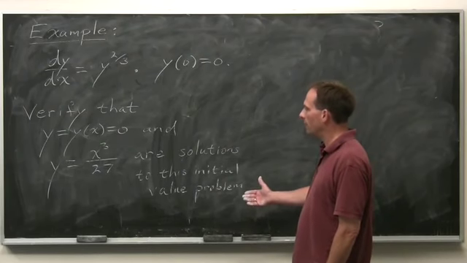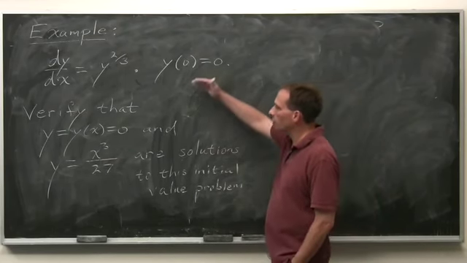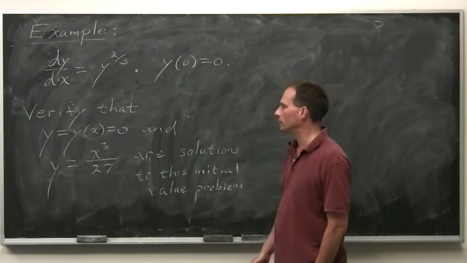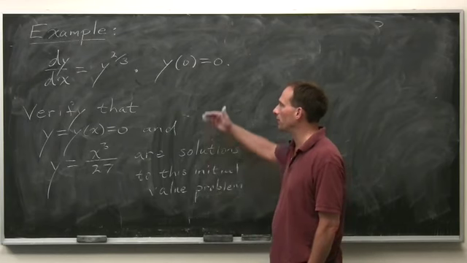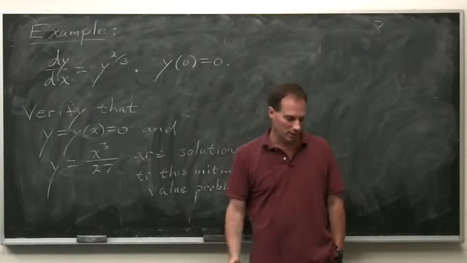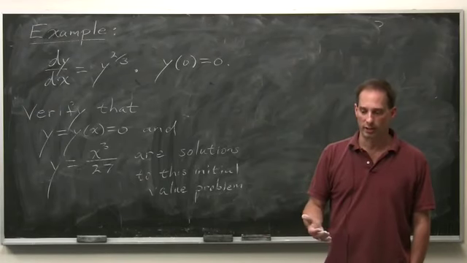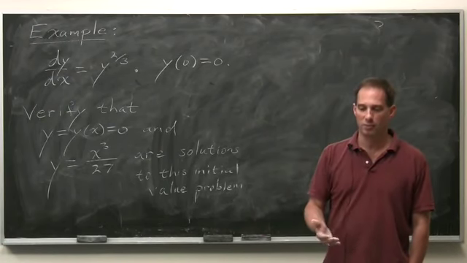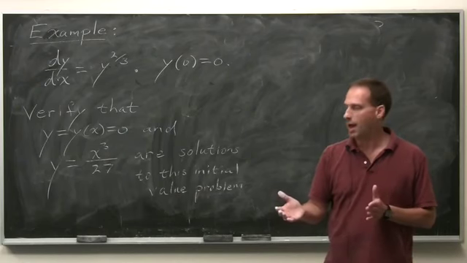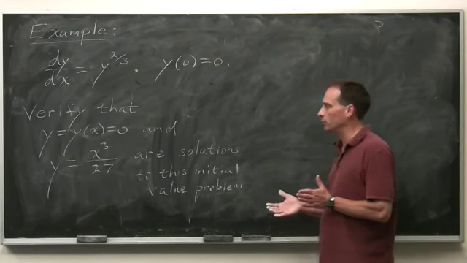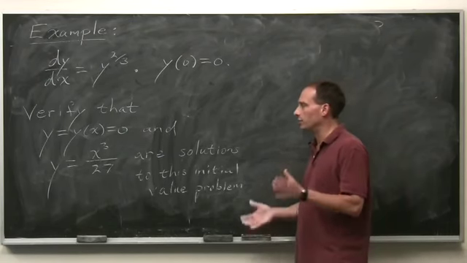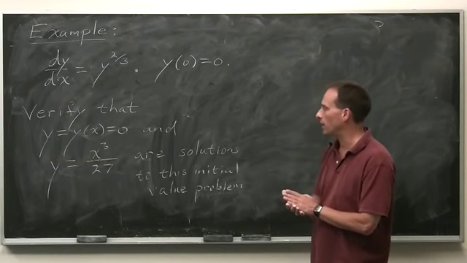Well, too bad. You're not going to know because there are two different solutions to this. Physically, this would be ill-posed. It would mean you had modeled the situation poorly. You were trying to write down some mathematics that would tell you exactly what would happen, and instead you got two choices. So you need to describe your physical problem some other way.